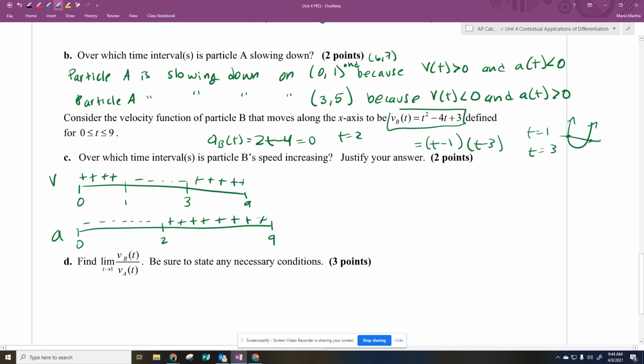All right. And then again here, using that information, if you guys notice, we can say that particle speed is increasing when both of them have the same sign, right? So both of them have the same sign here and here.